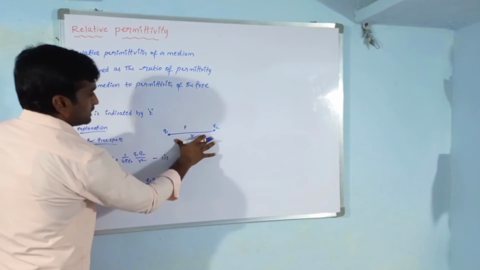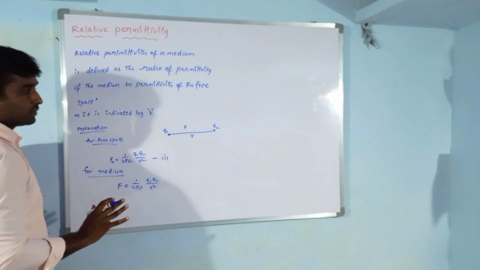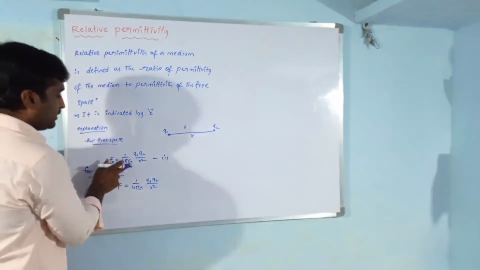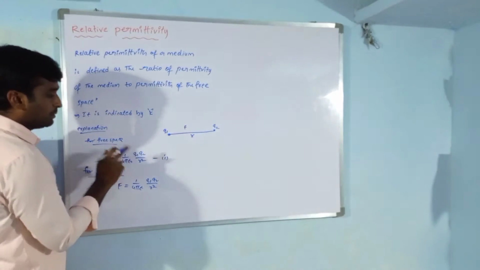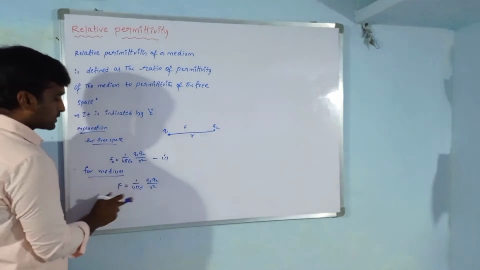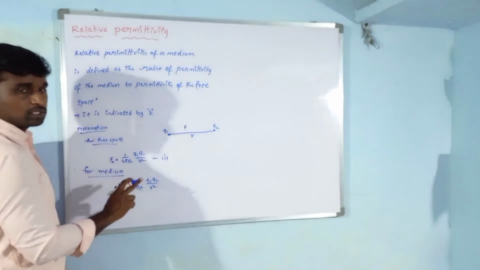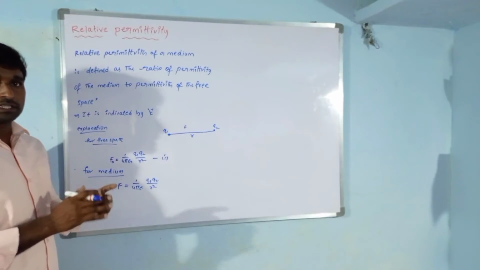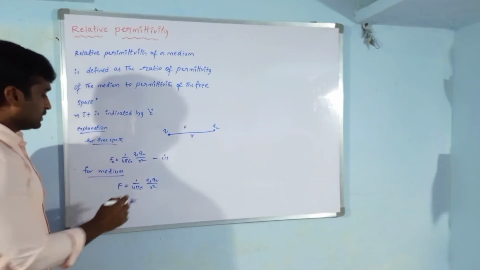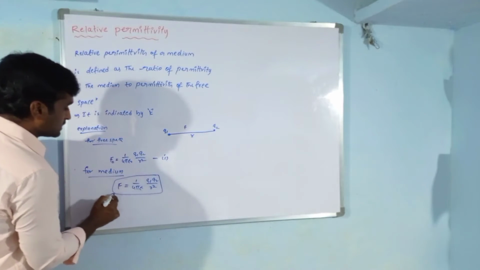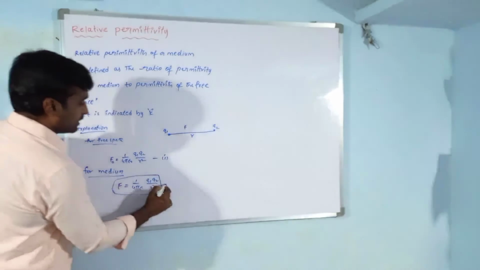So what is the permittivity of the medium? That is epsilon. Permittivity of free space is epsilon naught, and permittivity of the medium is epsilon. This is the force acting between the two charges placed in a medium, separated by some distance R. This is the formula to find the force between two charges placed in a medium. This is equation 2.